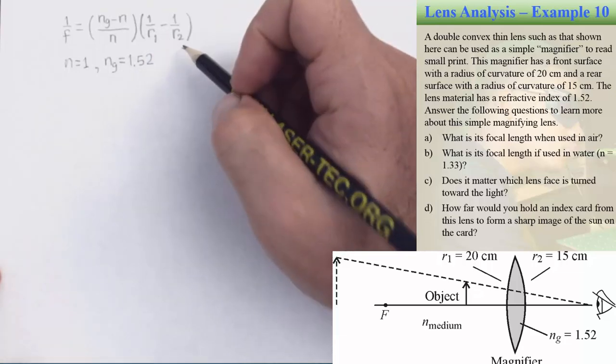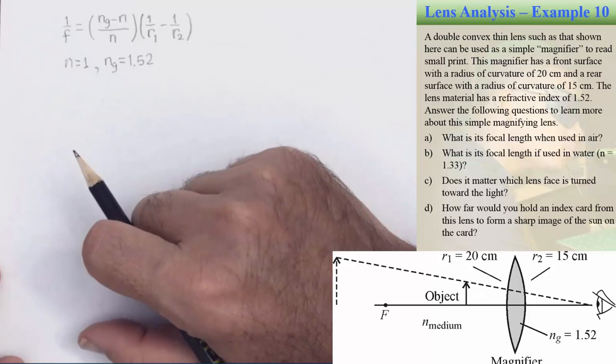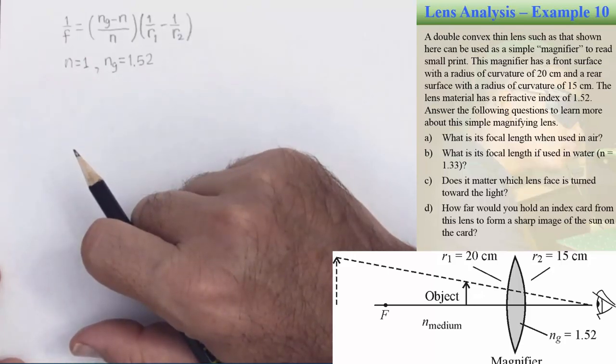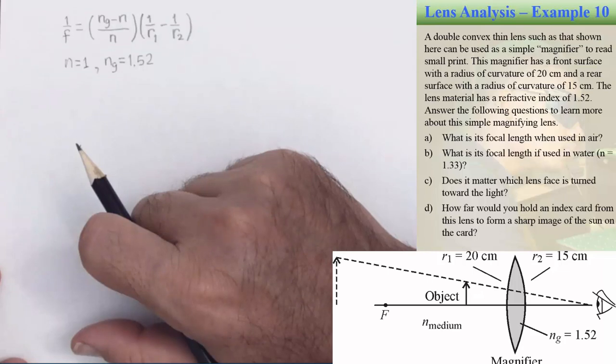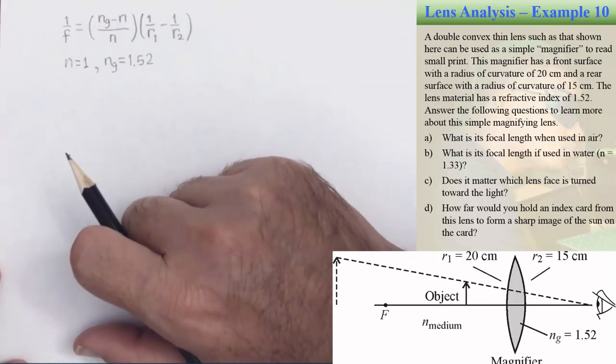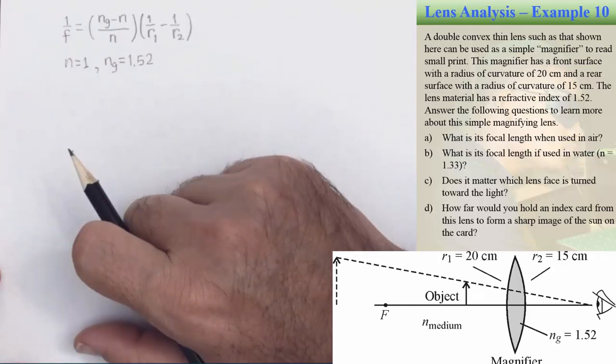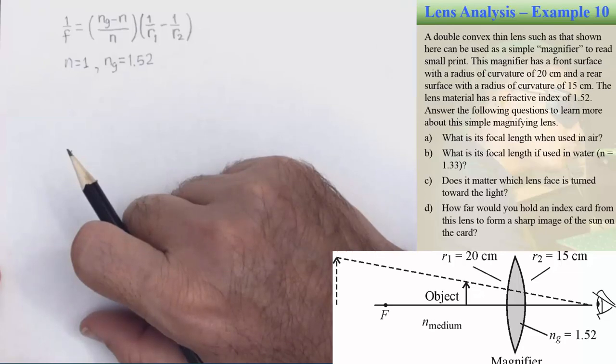Now the R1 and R2 are the radii of the two curvatures, two surfaces of the lens. The first, or front surface, is to be considered as convex for the light that's passing from the left to the right. So the radius of that front surface is going to be taken with a positive sign.